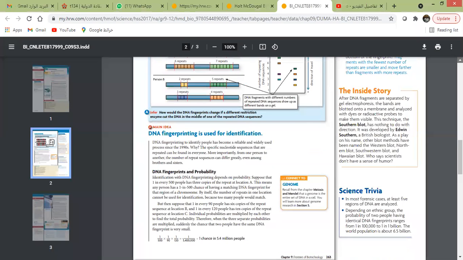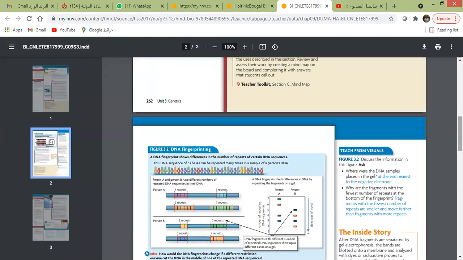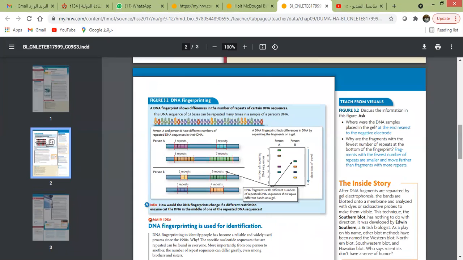Okay, if you look here at this figure, we said DNA is made of coding and non-coding nucleotides. Let's say this DNA sequence is CTAAAGCTGGAGG and so on. This DNA sequence is 33 bases, 33 nucleotides if we count them. This DNA can be found in the non-coding part of the DNA sequence. This DNA sequence can be repeated many times.